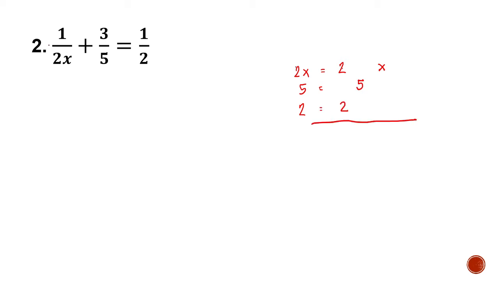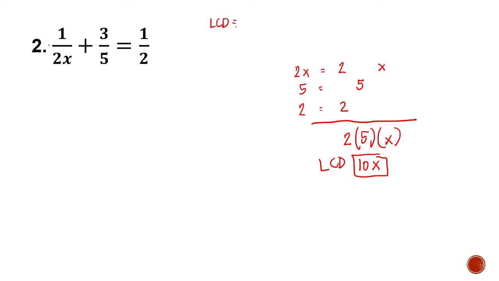Next, since 2 is both factors of 2x and 2, we can just copy it. We are going to multiply 5, and we are going to multiply x. So the least common multiple of this 3 is 10x. So 10x is the LCD.